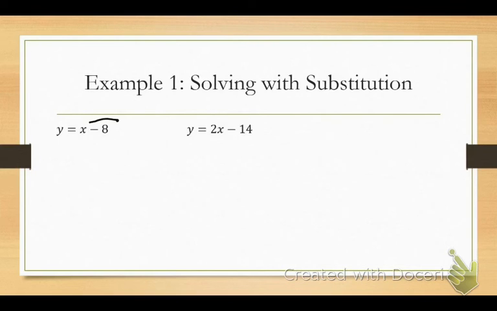You take what Y equals and you plug it in for Y on the other equation. Okay? So it's going to be X minus 8 equals what? Say it with me. 2x minus 14.